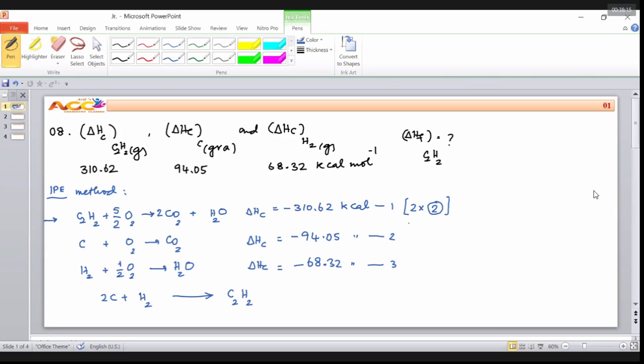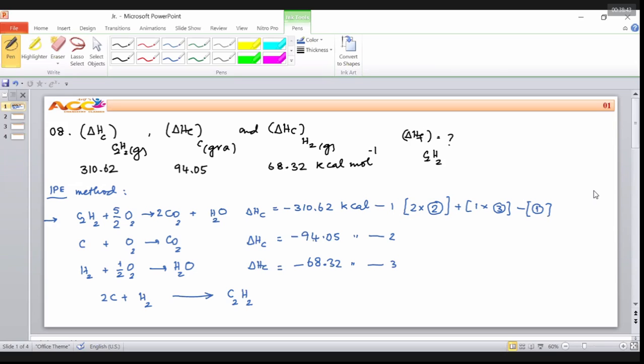Plus, here it is plus. Hydrogen on the left hand side, yes sir. 1 is required, 1 is available, so 1 into equation number 3. Then C2H2, 1 mole, required on the right hand side, available on the left hand side. Okay, minus equation number 1.